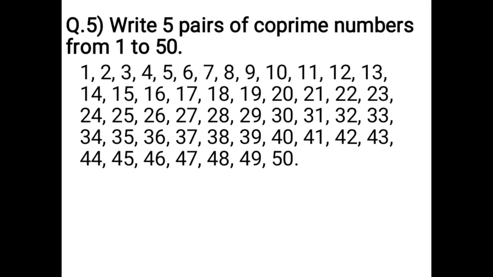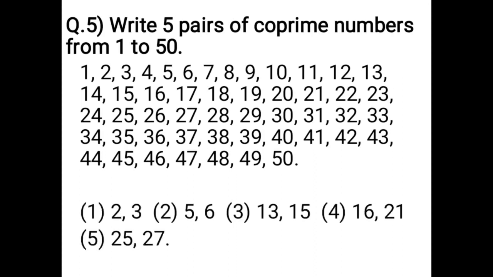From number 1 to number 50, any two numbers, one pair of co-prime numbers, choose it. I wrote the answer here. I got here 5 pairs of co-prime numbers. You can write any pairs of co-prime numbers, but there should be only one common factor. Remember this.